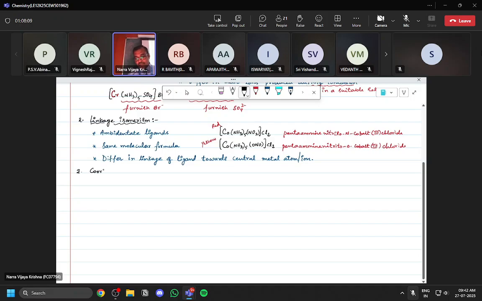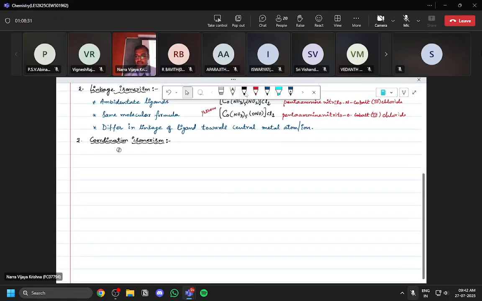Coordination isomerism. This is generally shown by polynuclear complexes. What do you mean by polynuclear complexes? More than one central atom.